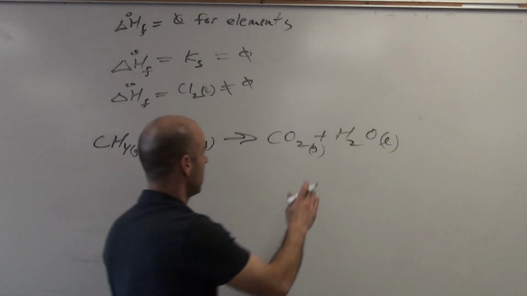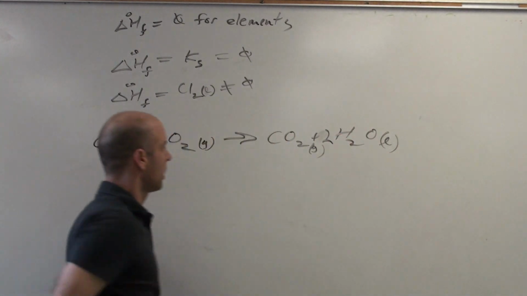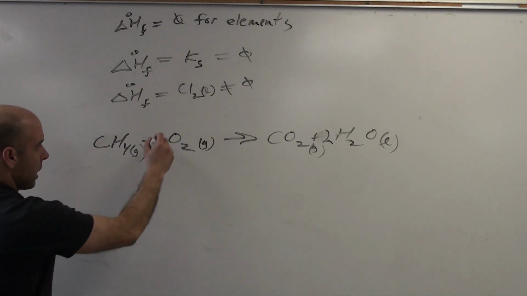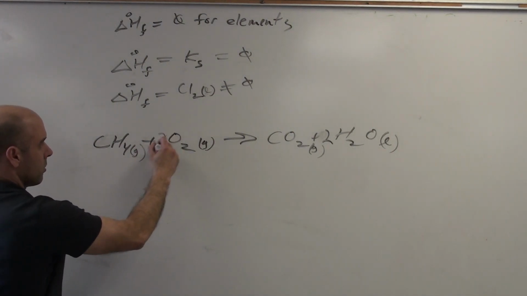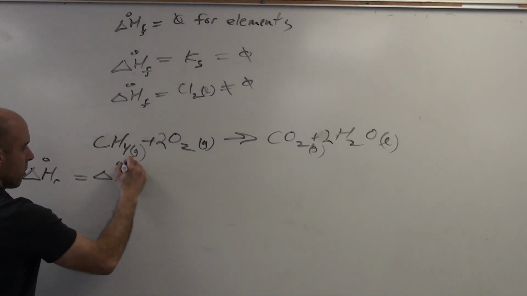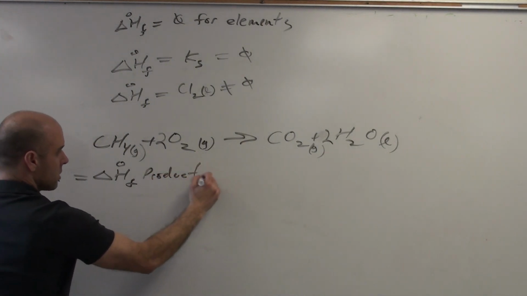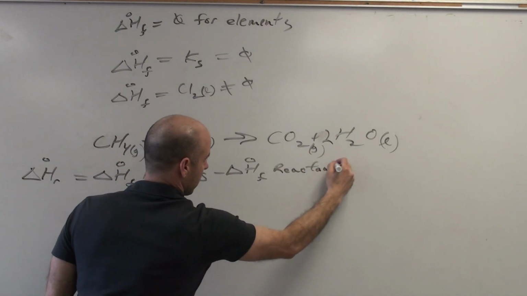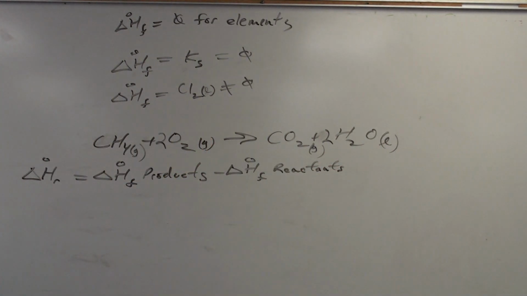I'll need a 2 here. No, I need 2 there. So to find the amount of heat released from the reaction, you do the delta H of formations of the products minus the delta H of formations of the reactants. So you've got to look up those delta H of formations on the chart.